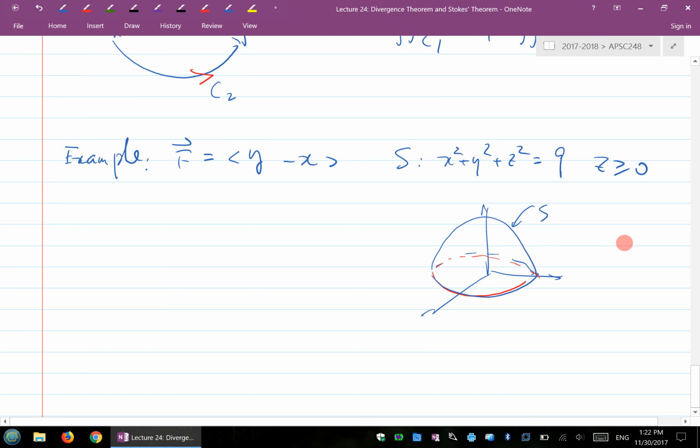Let's calculate the line integral. Basically, here's your C, and we want to calculate this line integral.